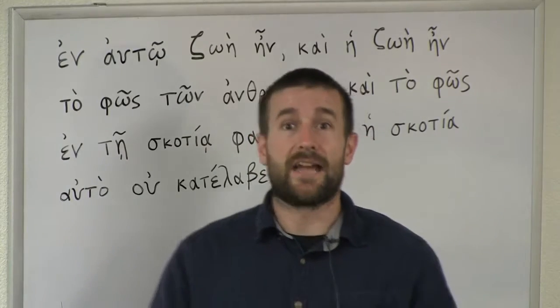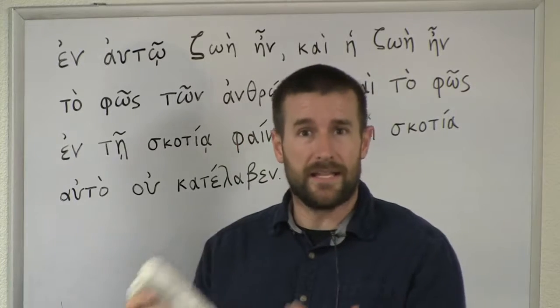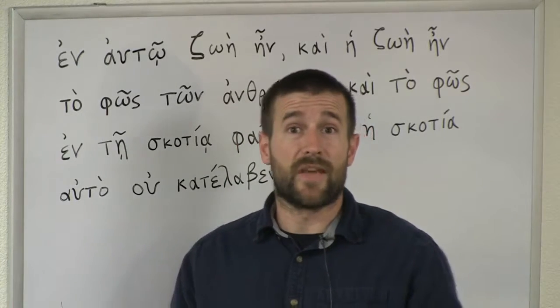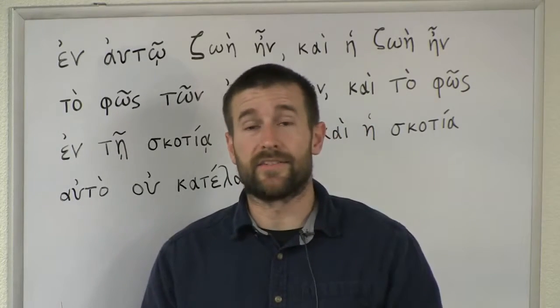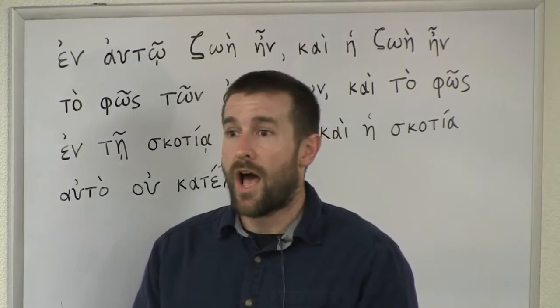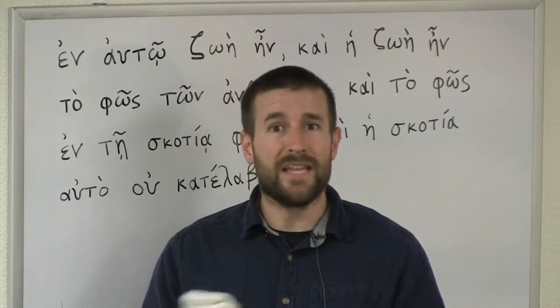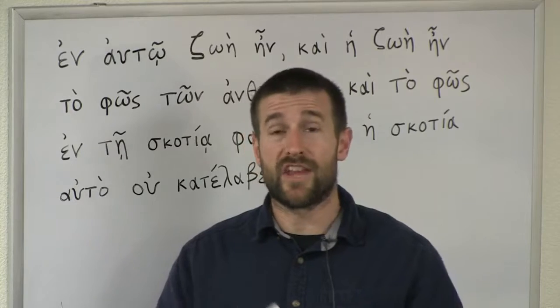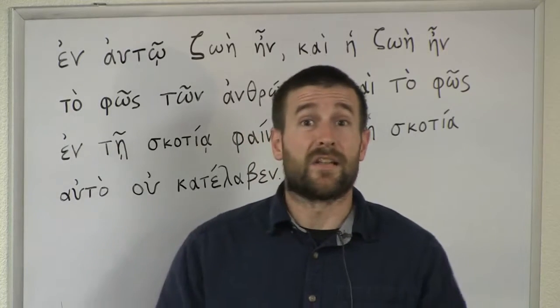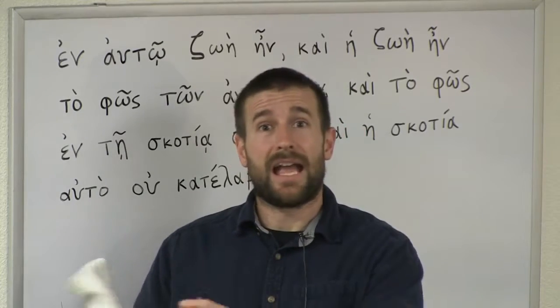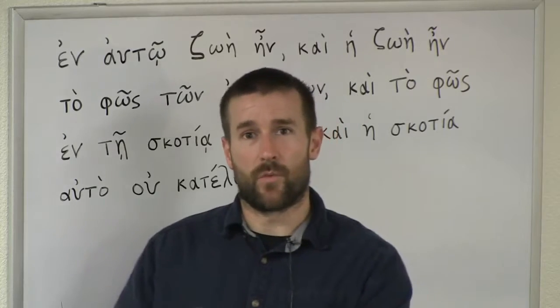Excuse me, do you speak Greek? And you learn how to say, I understand Greek, καταλαβαίνω ελληνικά. Or you can say, καταλαβαίνω λίγο ελληνικά, I understand a little Greek. Or καταλαβαίνω ελληνικά πολύ καλά, I understand Greek very well. Or καταλαβαίνω αγγλικά πολύ καλά, I understand English very well.